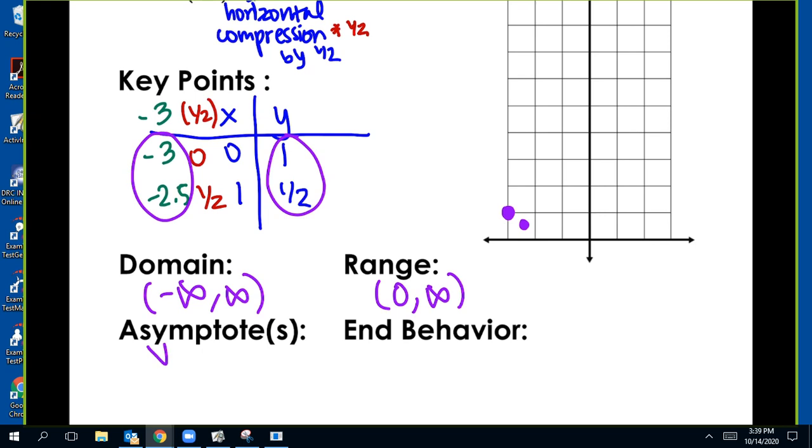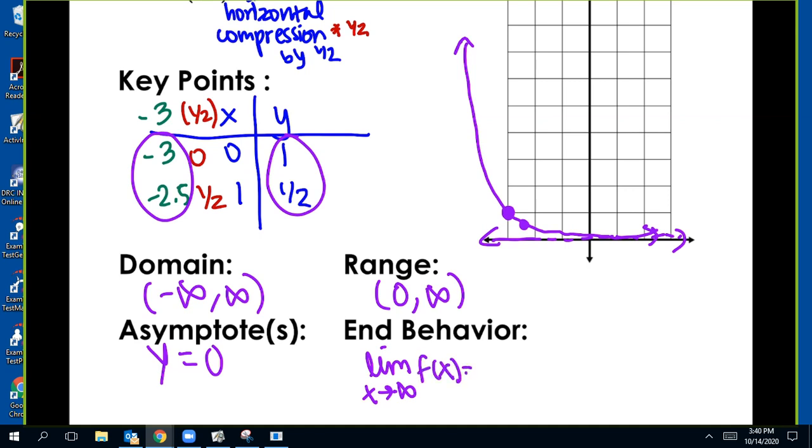My asymptote did not move, so I can plot that like this. And then this has the same shape. It's decay because the 1/2 is less than 1. And so it's got that decreasing curve, which means on the left side, we're at positive infinity, and on the right side, we're approaching 0.